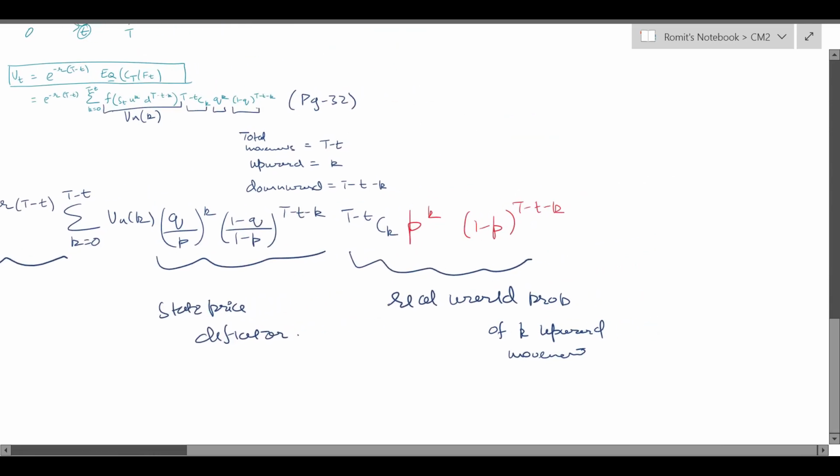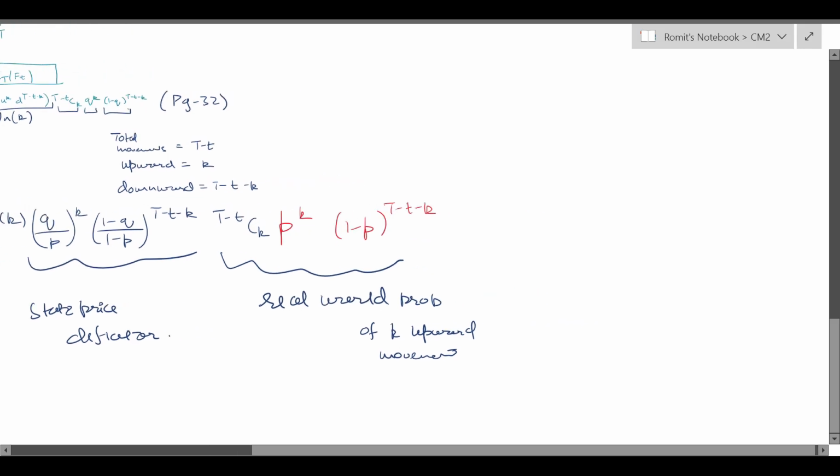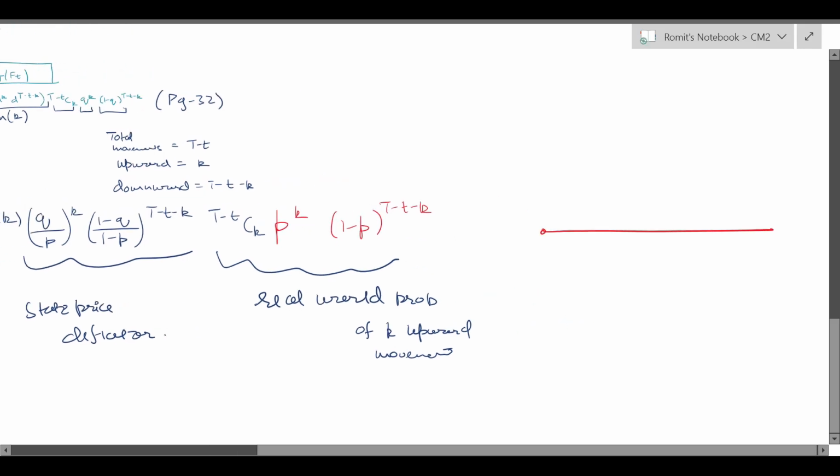So let's multiply with, let's say, we are saying that from time small t to time capital T, there are k upward movements, right?